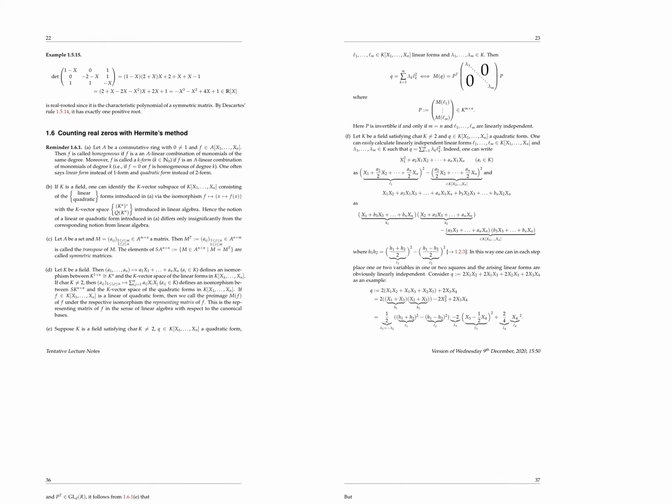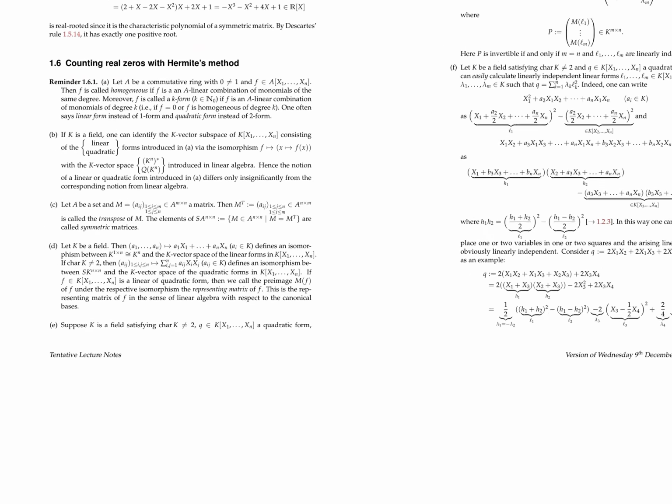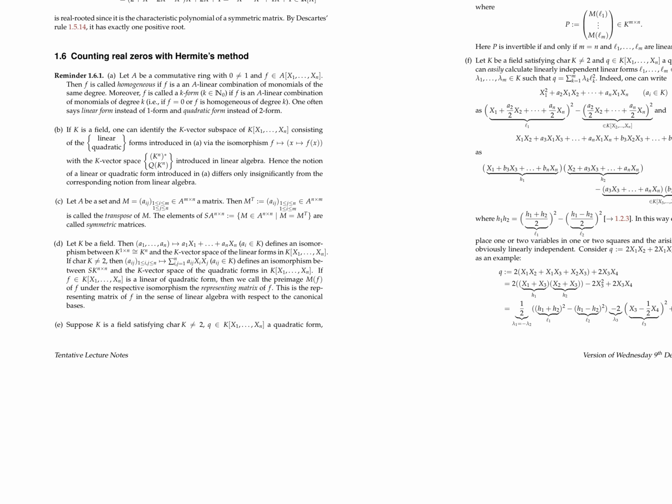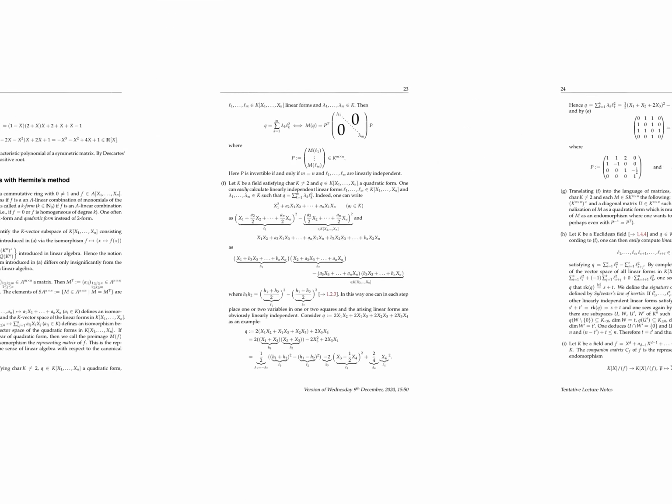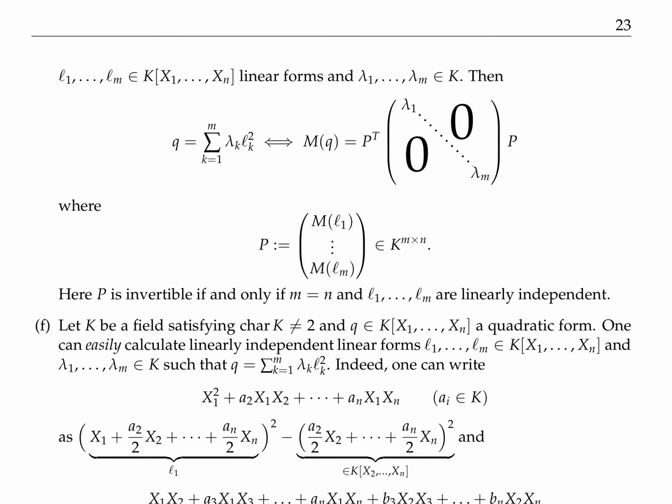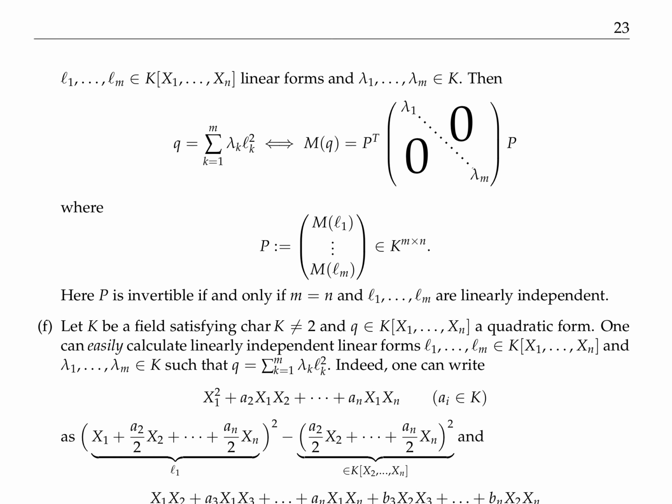So that's here. Here we needed a field of characteristic different from 2, and we had a quadratic form. And when we wrote a quadratic form as a weighted sum of squares, here we had actually even weights. These weights, I think, are now plus 1 or minus 1.